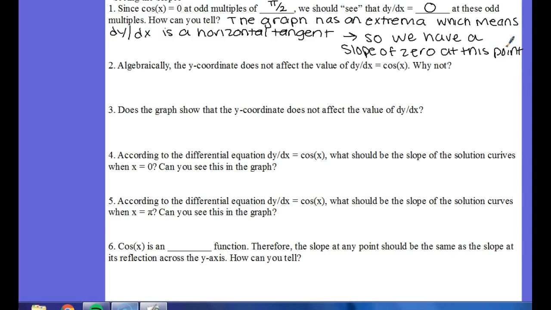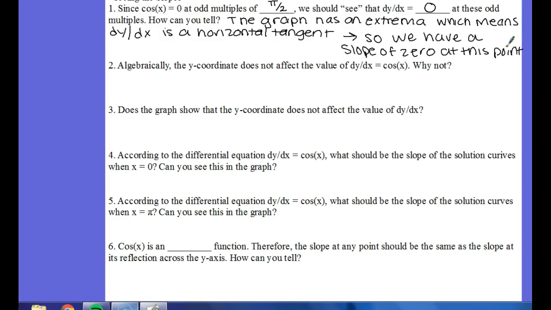Algebraically, the y-coordinate does not affect the value of dy dx equals cosine x. Why not? Like when you take the derivative of a constant, it's just 0 anyway, so it doesn't really matter. Yeah, the up and down part isn't really going to affect me.